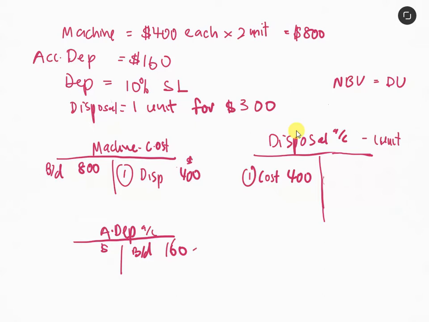Here we have 2 assets and one of them is 80, so we must take out 80. Step 3, am I transferring the net book value 320 over?